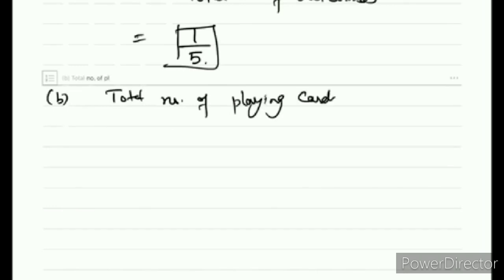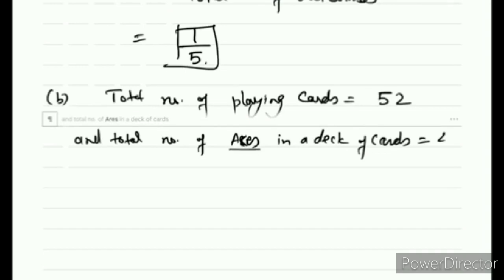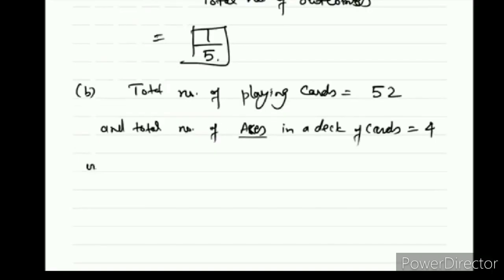First we will write total number of playing cards equal to 52 and total number of aces in a deck of cards is equal to 4. The cards which have the alphabet A, that is only the ace card.